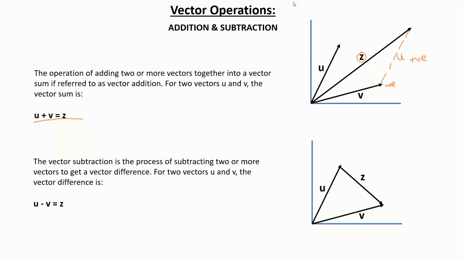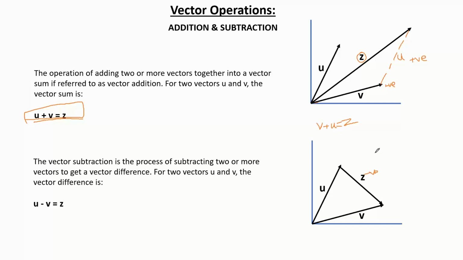So how will we write this equation? Look, this is going here, V, and U is going like this. So the first one I'm solving will be V plus U equals Z. So I got the sum. It can also be written as U plus V, which I have mentioned over here. Next would be U plus Z, but it won't be plus, because this is going in the negative direction.